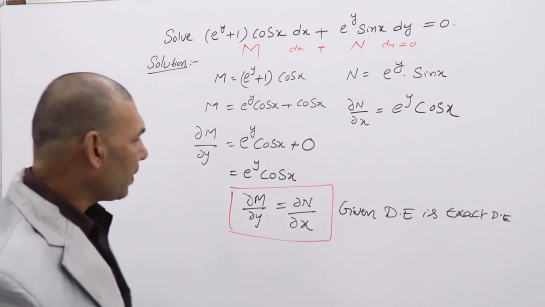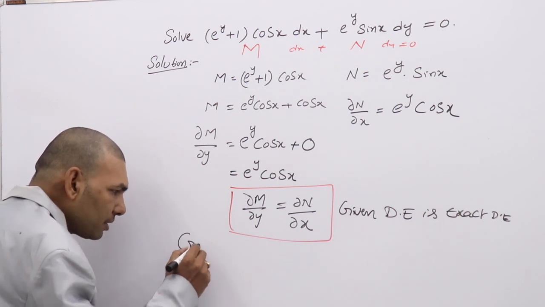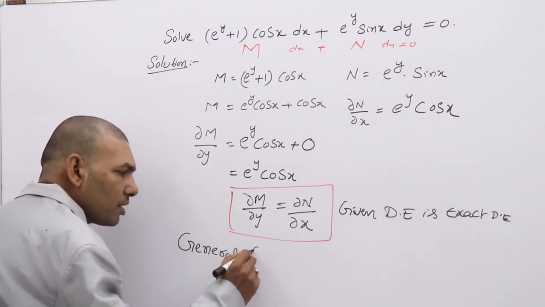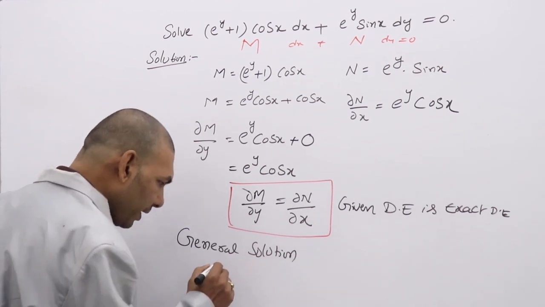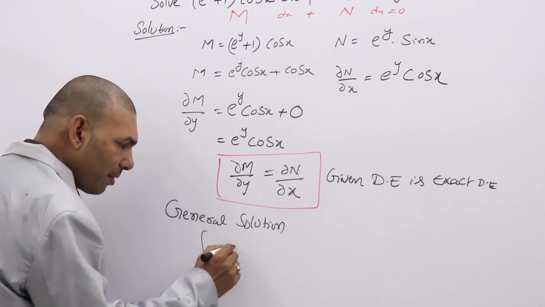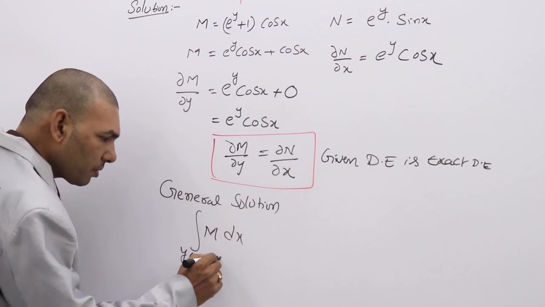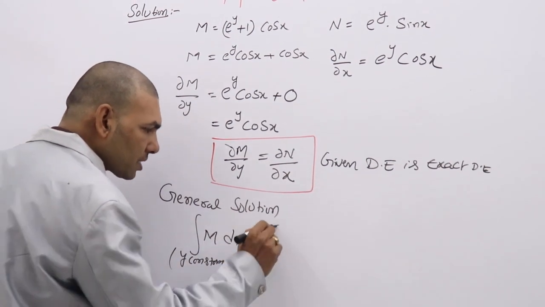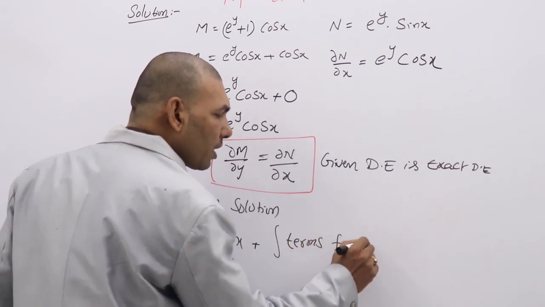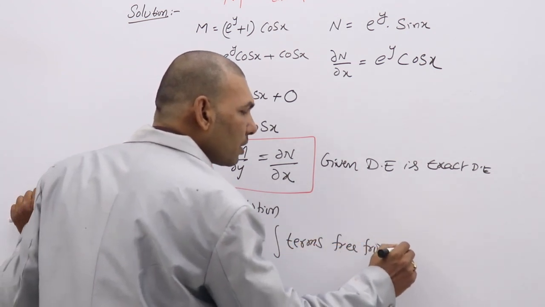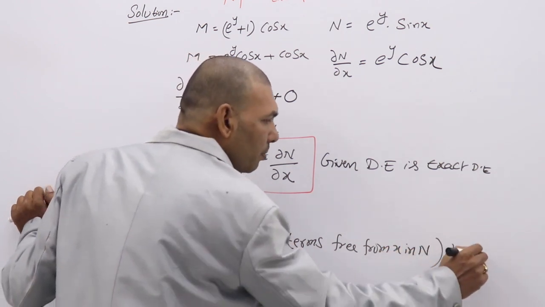Now, whenever the given DE is exact, the formula to find the general solution of the given DE is integral M dx keeping y constant, plus integral of terms free from x in N dy, plus c.